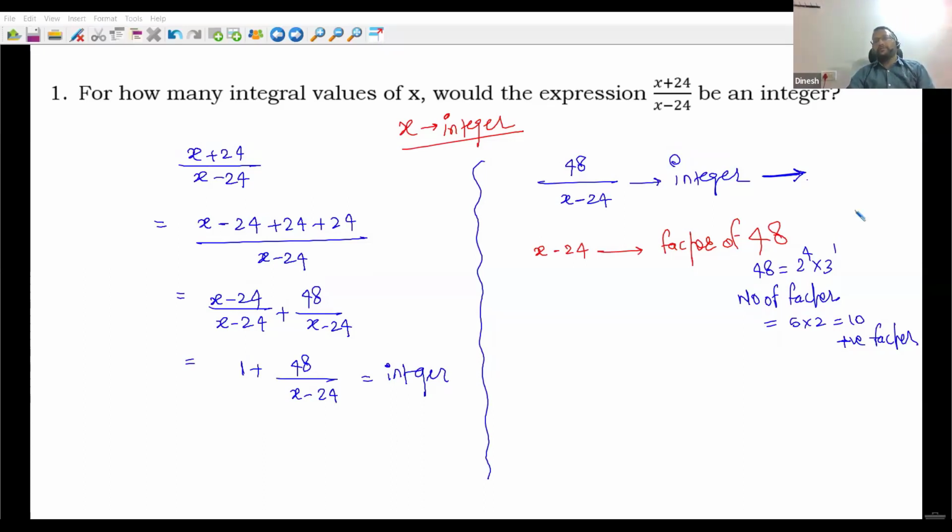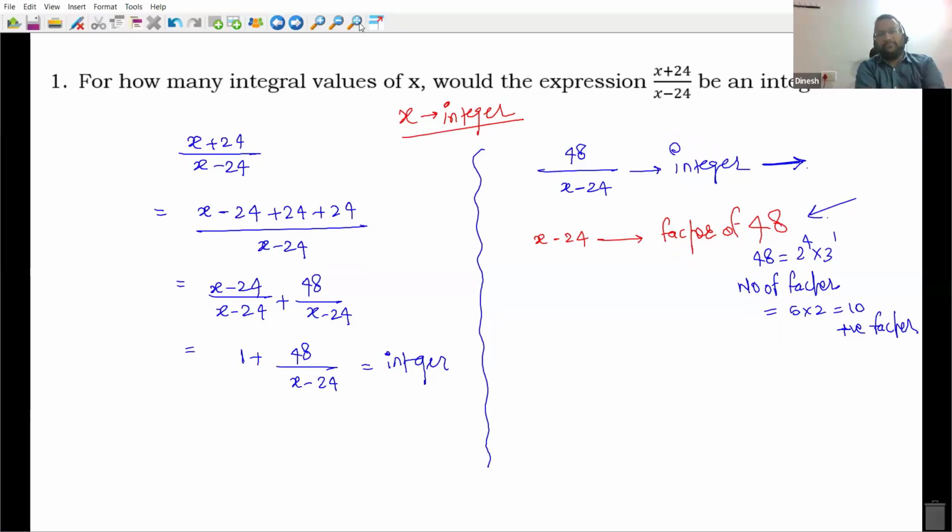So are you getting this statement? X minus 24 has to be a factor of 48.